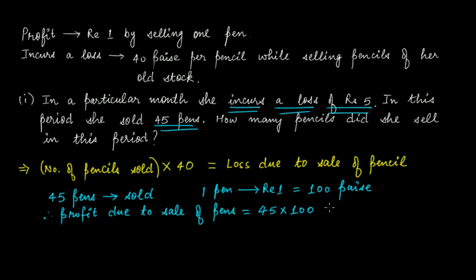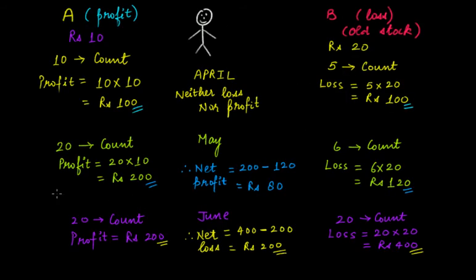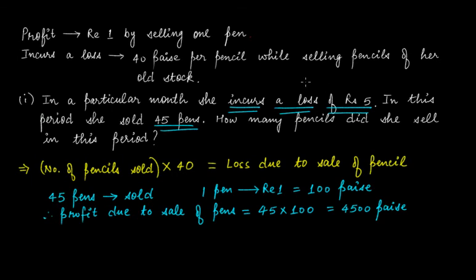So for 45 this will be, not rupees, again this will be paise: 4500 paise. This is the profit due to the sale of pens. This was the number of pencils sold times 40. You don't know how many pencils you have sold, and that is what you have to find out. But you know one thing, that you are incurring a loss, and going by the concept that we have discussed here, if we are incurring a net loss, this is what?